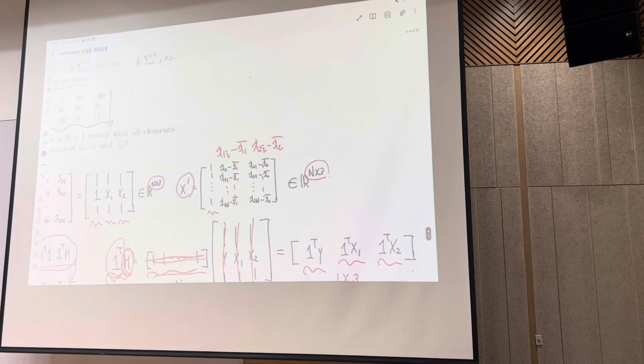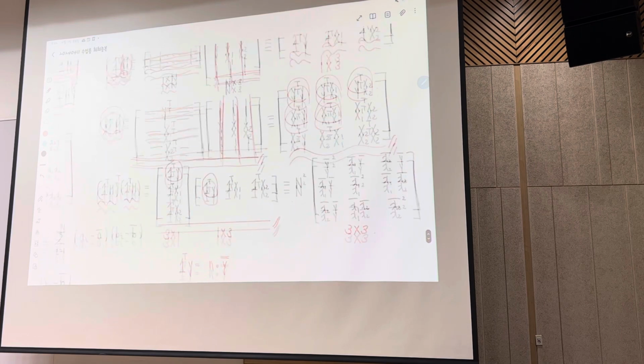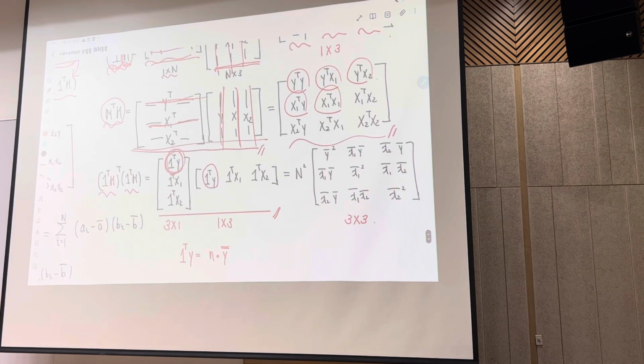Okay. 1 transpose y is y1 through yn, which means sigma yi, which means n times y bar. Can you agree? Okay. Then this one is n y bar.